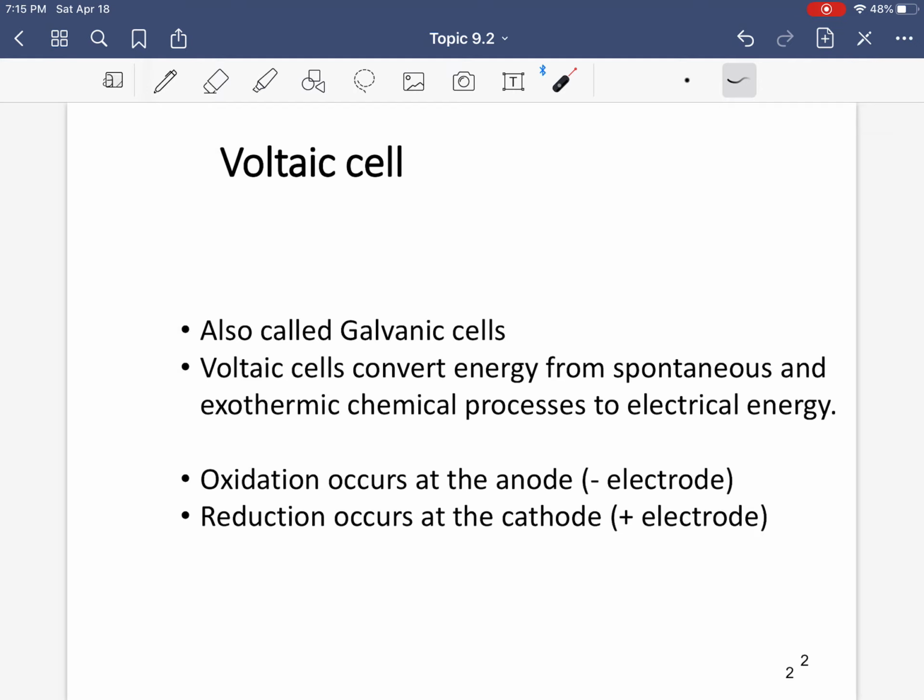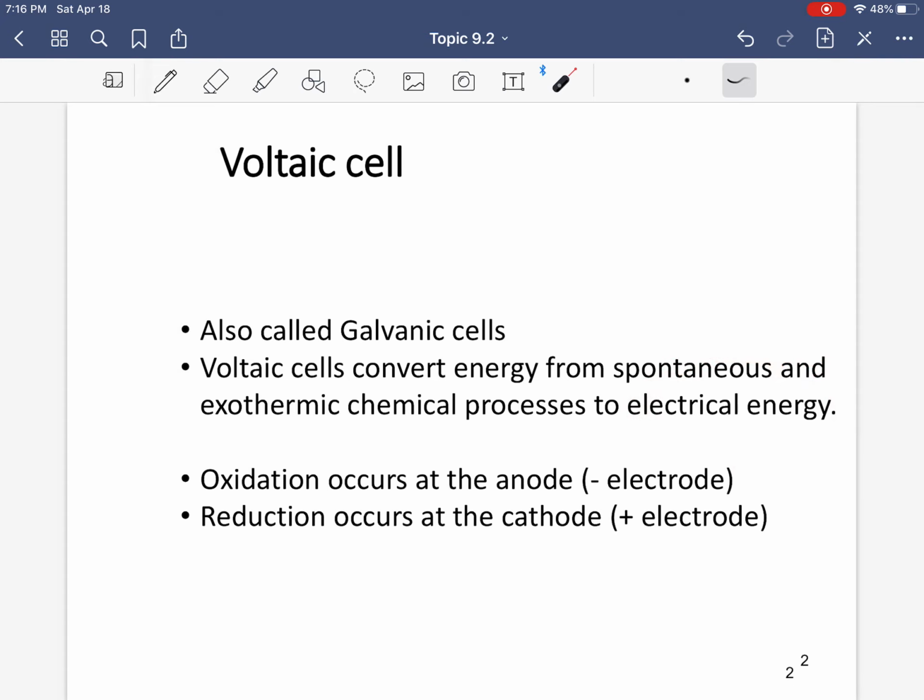Now, a voltaic cell, sometimes you may notice that some people call it a galvanic cell. It's really the same thing. I'm not sure why they have two words for the same thing, but that's what it is. A voltaic cell is a cell where chemical energy is converted into electrical energy.